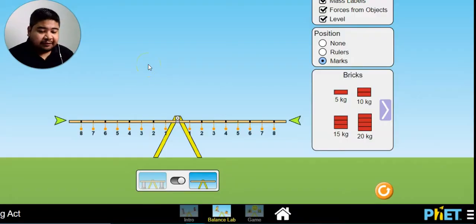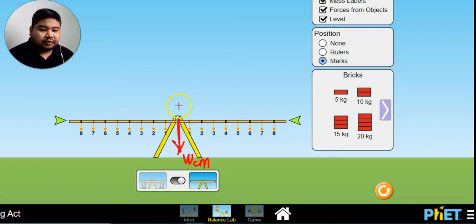Okay, this is a PHET simulation. Basically we have a bar or a beam that is supported at the center of the beam. If we draw the forces on the beam, we have the weight of the beam at the center of mass, and then the stand provides a reaction force, a normal force, to the weight.